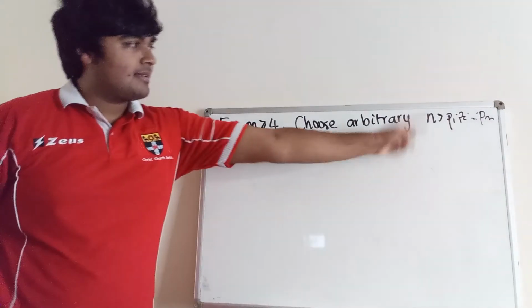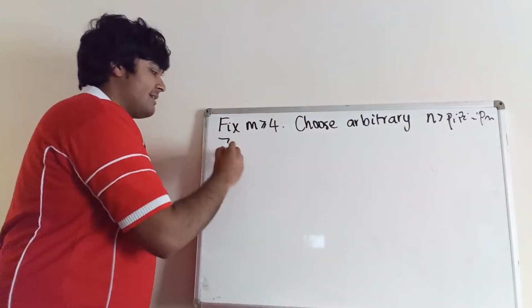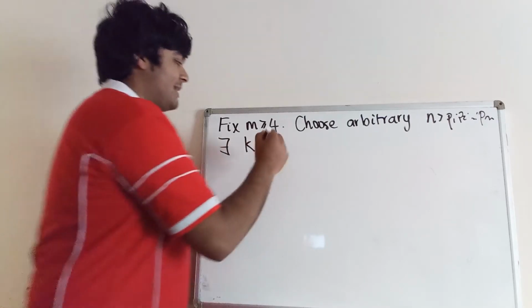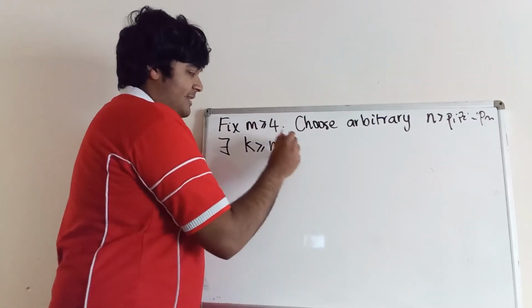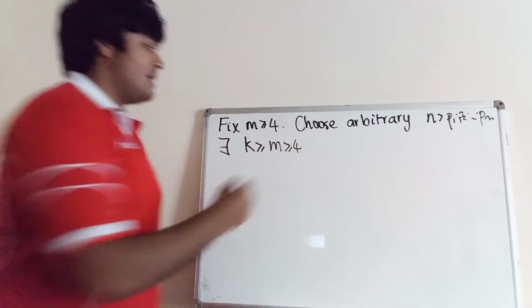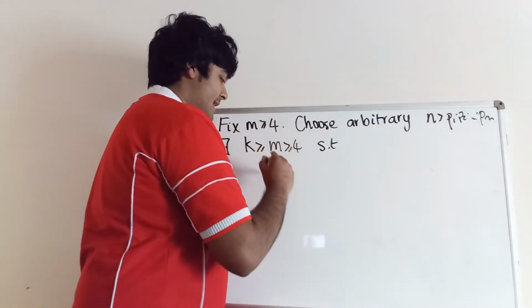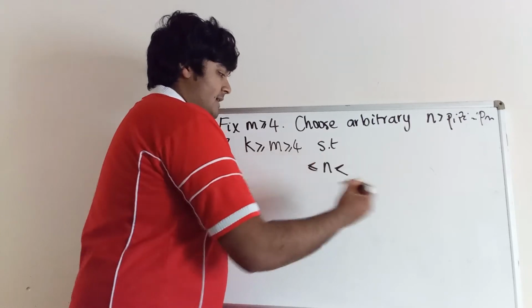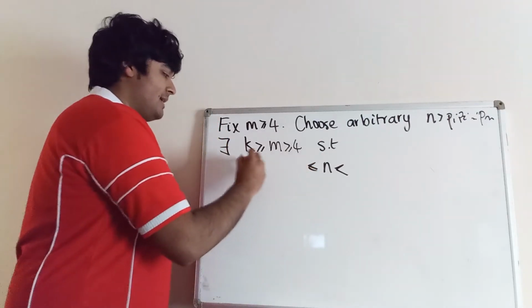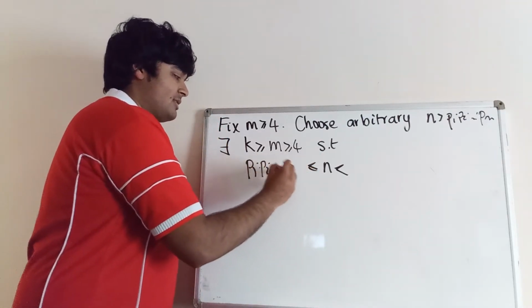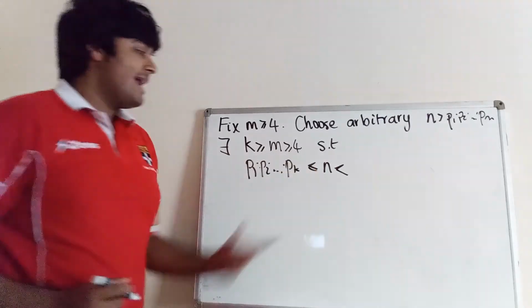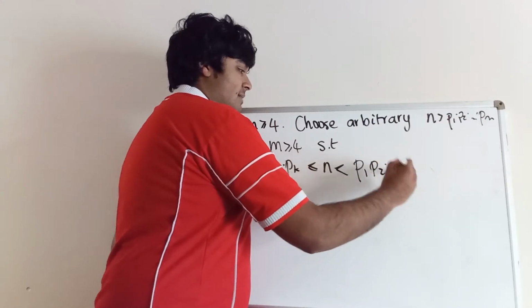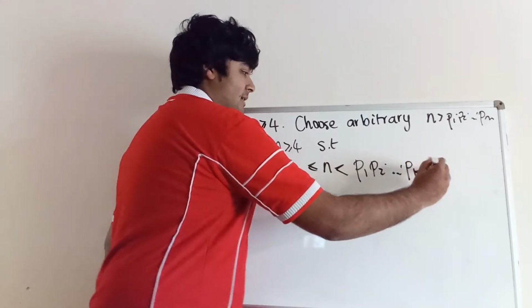Next, because n is some number bigger than this, there is going to exist some k, which is going to be bigger than or equal to m, which is just at least 4, such that n is between two values. It's going to be at least p1 times p2 times so on all the way up to pk, and it's going to be strictly less than p1 times p2 times all the way up to p(k+1).